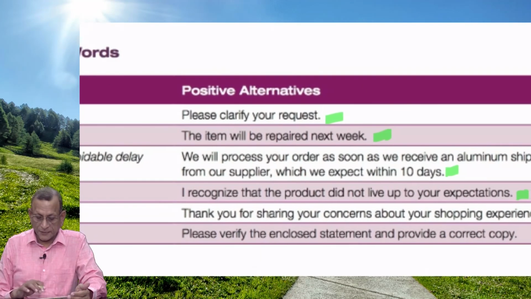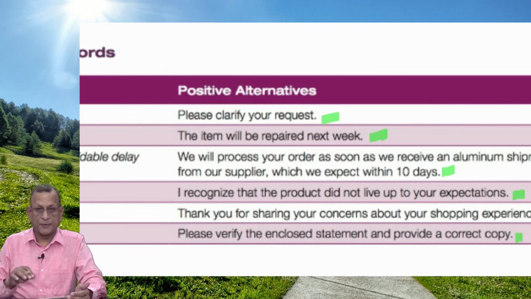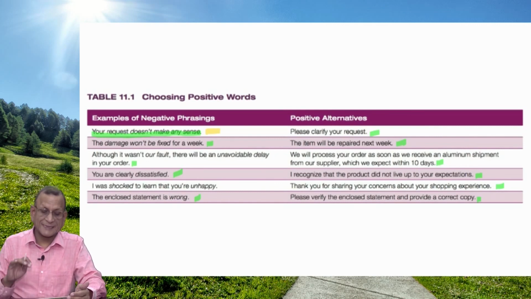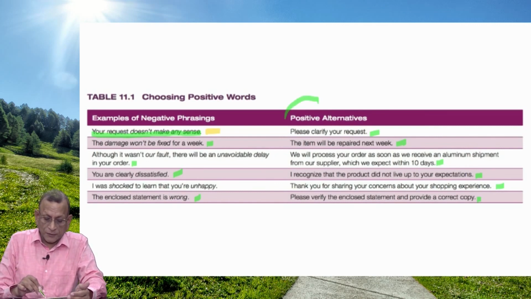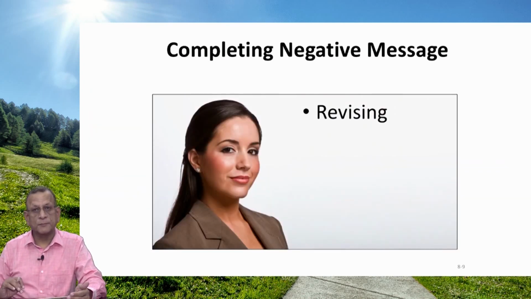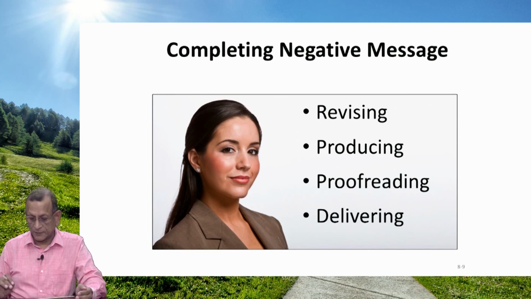Or the positive one: please verify the enclosed statement and provide a correct copy. So friends, in this manner, we have multiple options to write the same thing with a positive alternative. Please choose this positive alternative. And now go for completing the message. You have to revise, you have to produce, you have to proofread, and you have to deliver. In this manner, you will be able to complete this 3-step writing process.